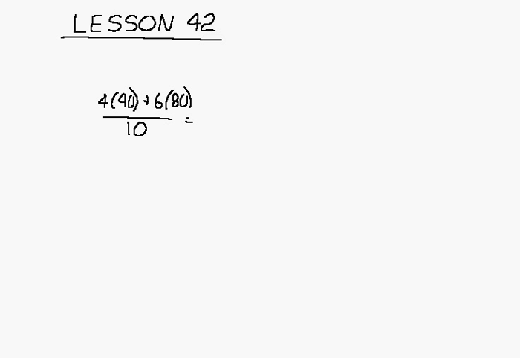Okay, so now you have 160 plus 480 in the numerator, and that equals 640. And so you divide that by 10, the number of numbers, and so your overall average is going to be $64. It's not 80, it's not 40, it's somewhere in between, $64.